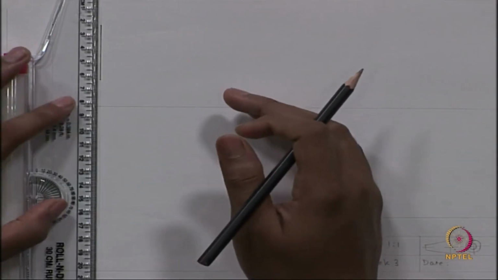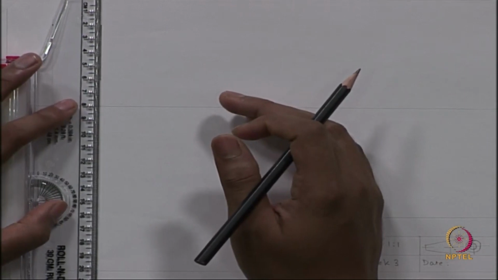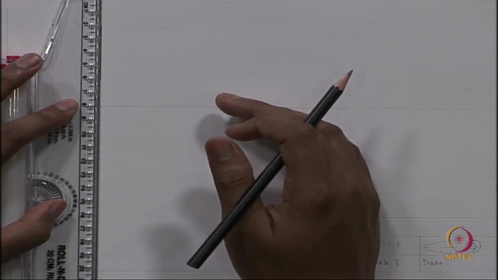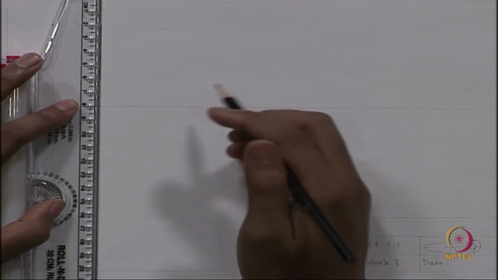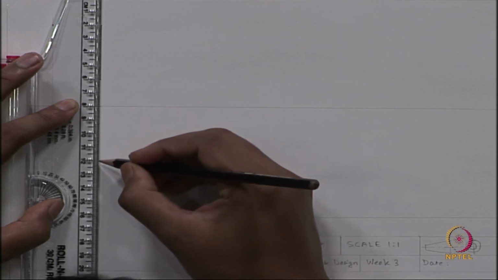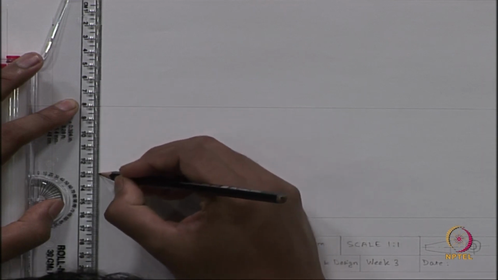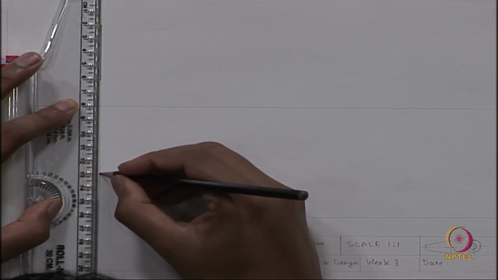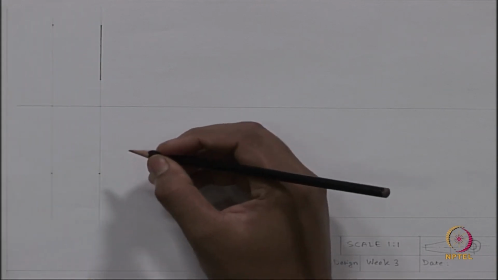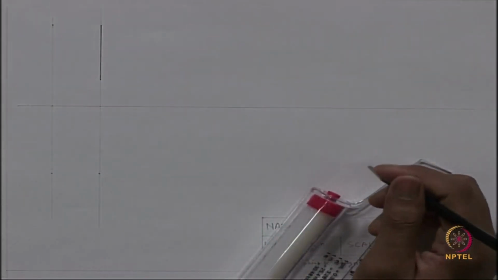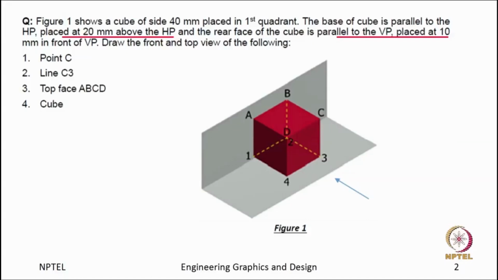So, we will draw a point corresponding to both points C and 3, and that will be at a distance of definitely 50 millimeter, 10 plus 40. So, our first 2 problems are done.